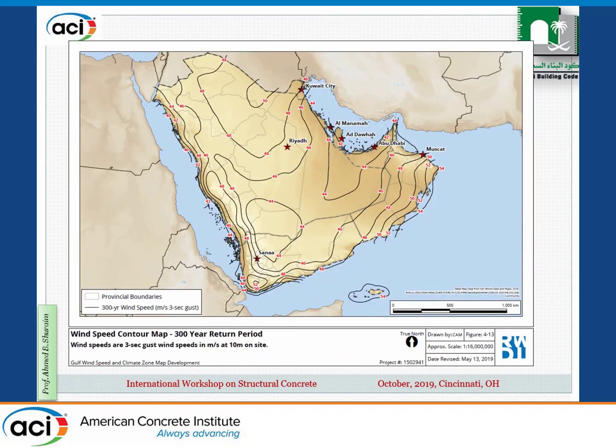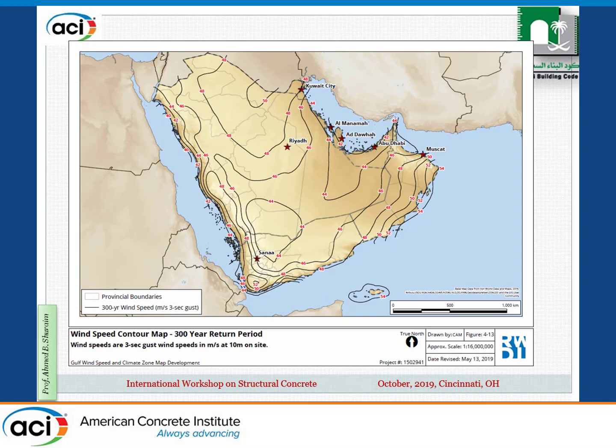Here is an example of the maps that we developed for Saudi Arabia and the Gulf region. This is the GSO boundary within this map. It shows from Yemen in the south to United Arab Emirates, Qatar, Bahrain, Kuwait and Saudi Arabia.